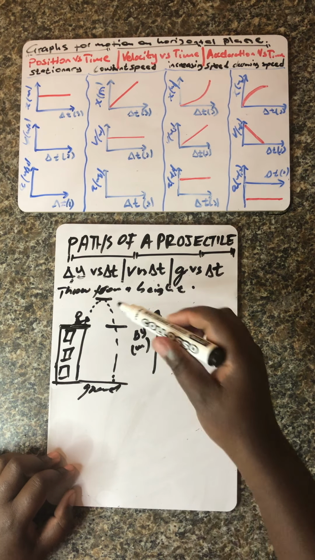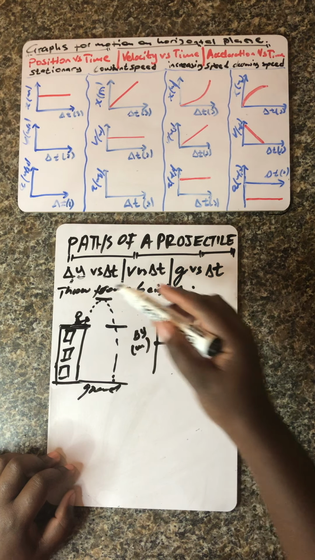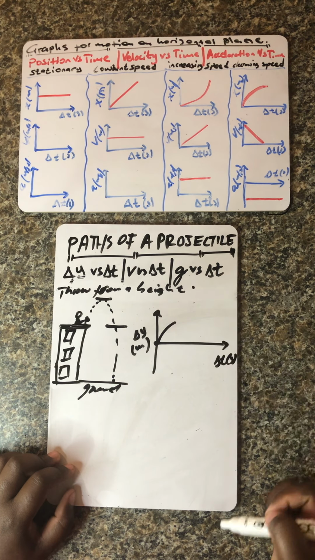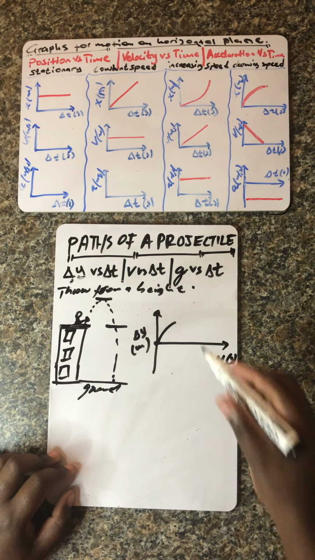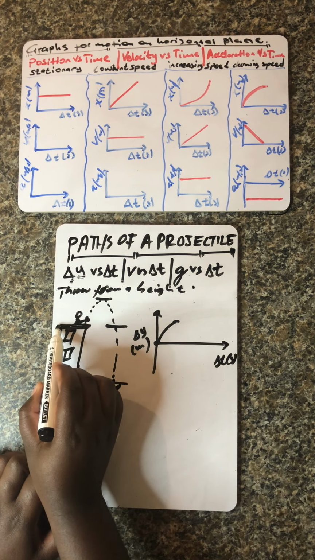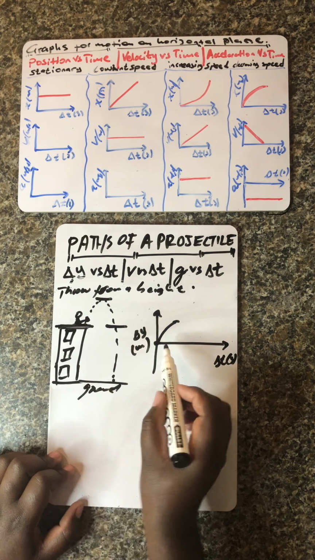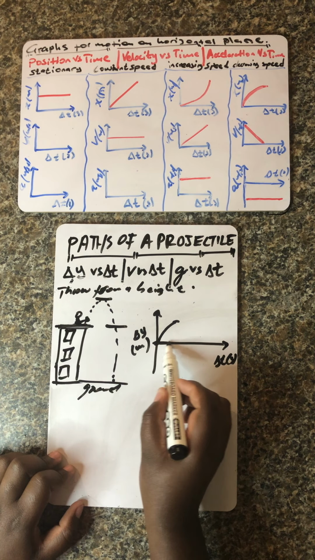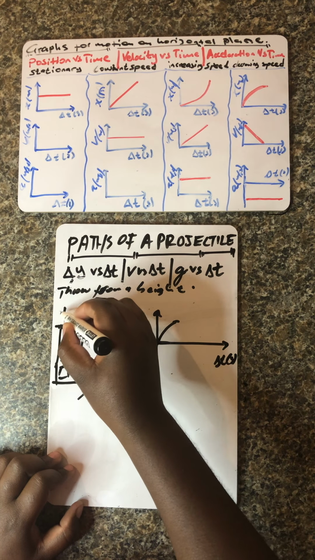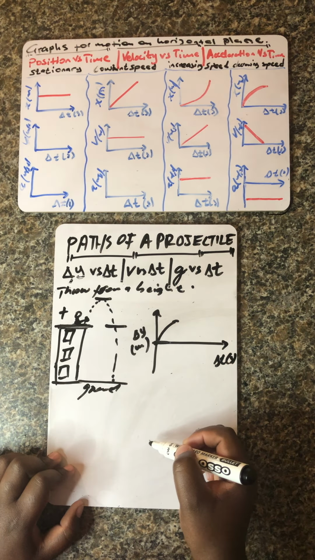As it goes up, it covers a positive height. Can you see, ladies and gentlemen? So this is the reference point over there. Obviously it's being thrown and then it covers the positive side.